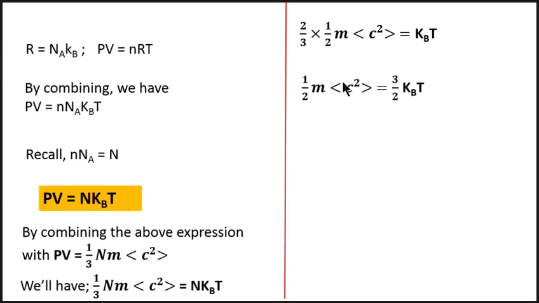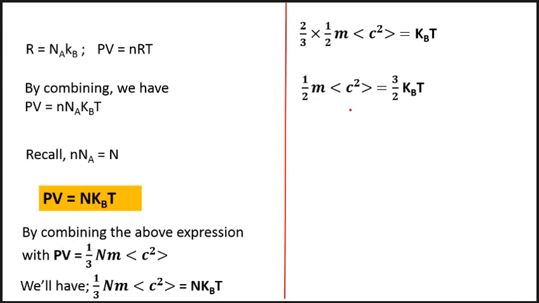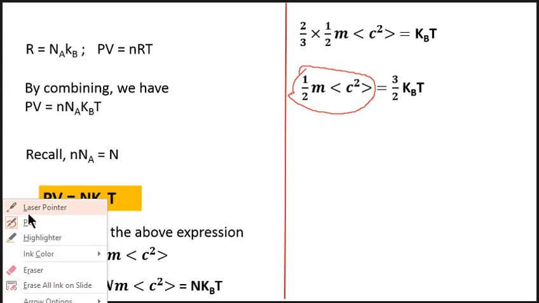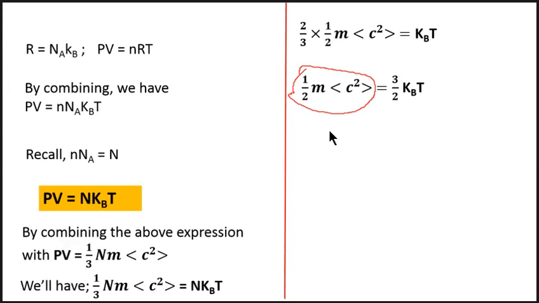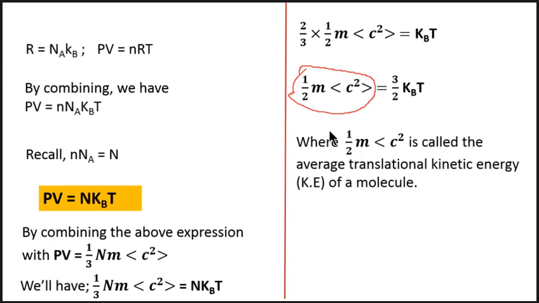Now I need us to know something right here. That this particular expression here is what we call the average translational kinetic energy. So it's regarded as the average translational kinetic energy of the molecule.